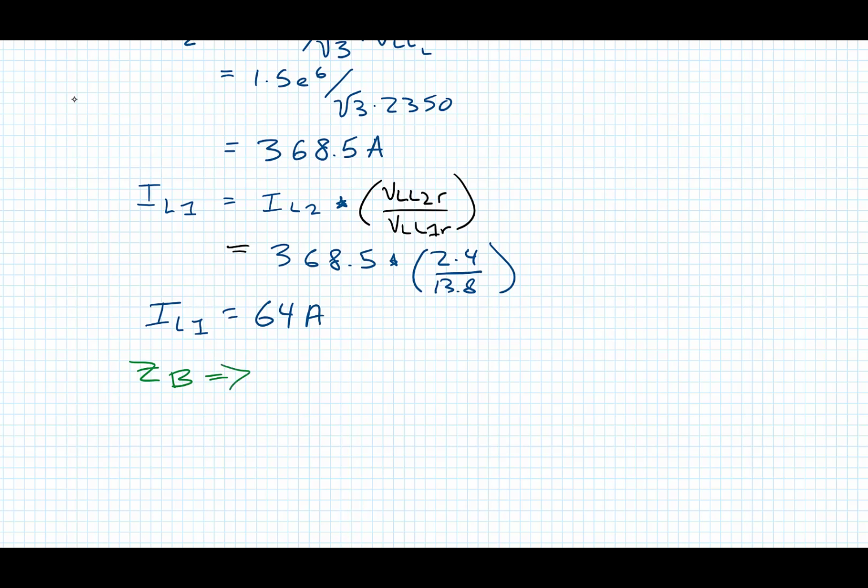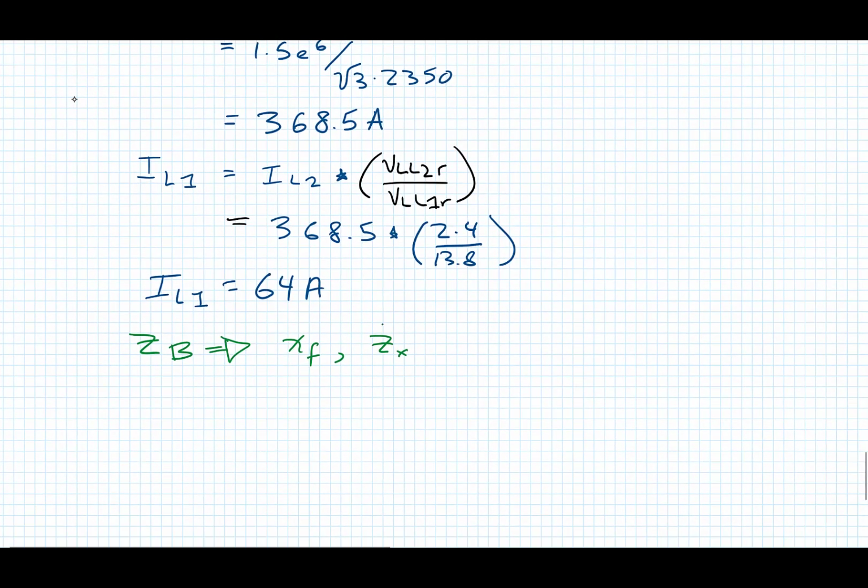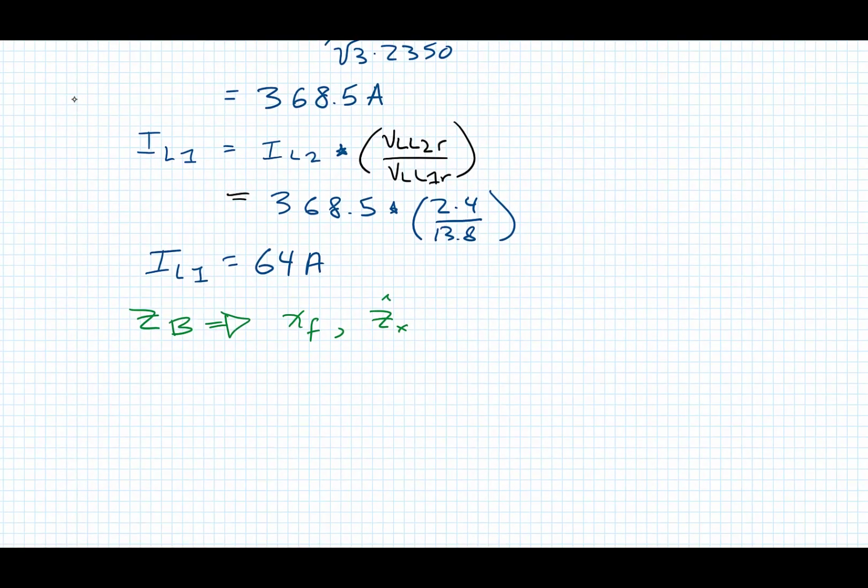We need to find Z base in order to find the ohmic values of X feeder and Z x. So what we need to do first is find the S base. That was 2e to the 6. So usually that's volt amperes.